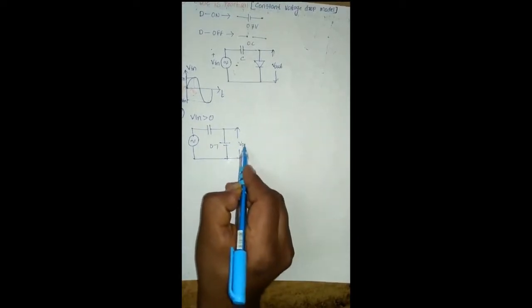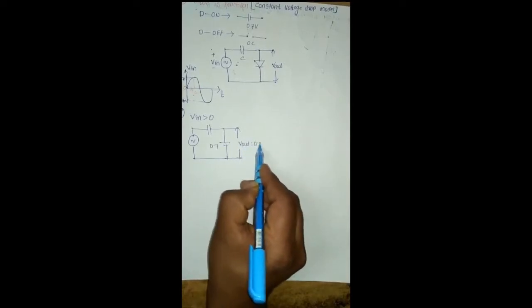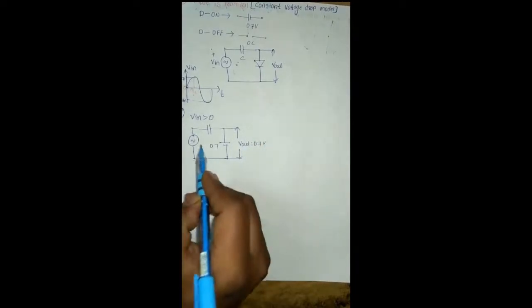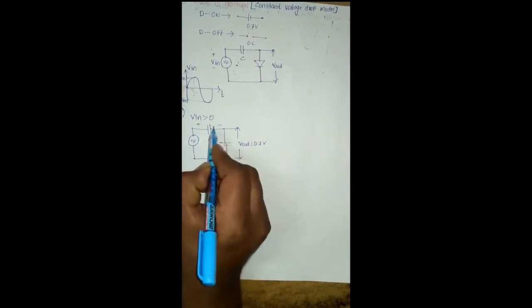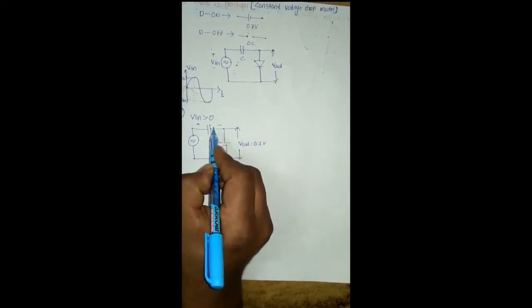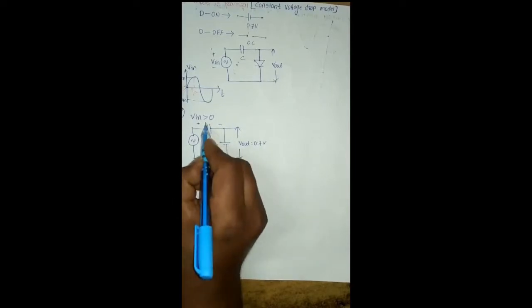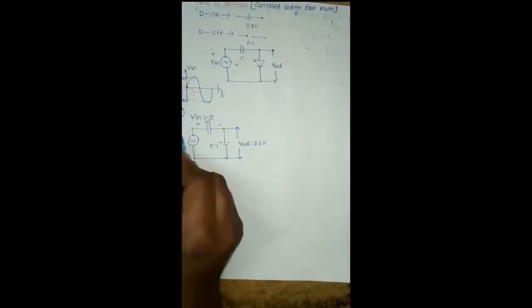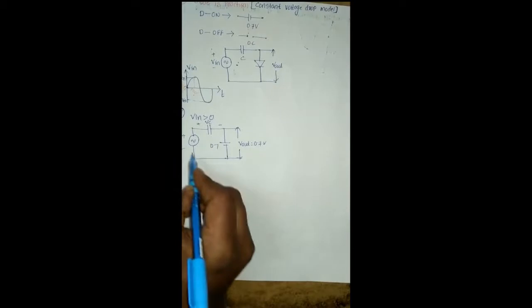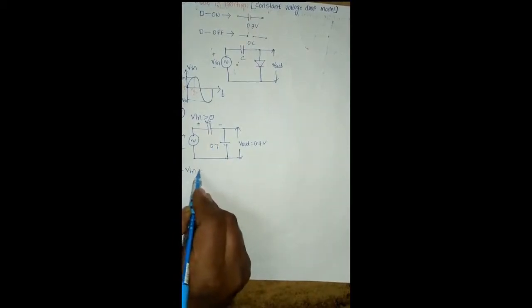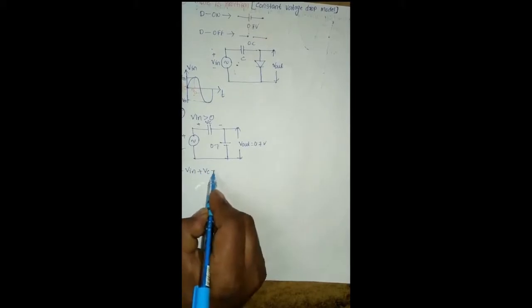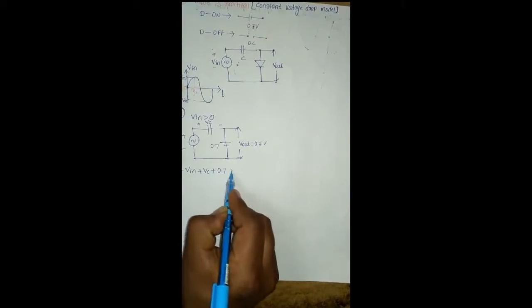Okay, the output equal to 0.7 volts. But now we need to estimate how much voltage can be stored across this capacitor, that is Vc. Now we can apply KVL in this circuit. Now we are getting minus V in plus Vc plus 0.7 volts equal to 0.